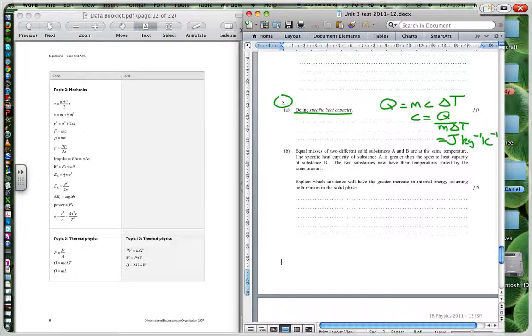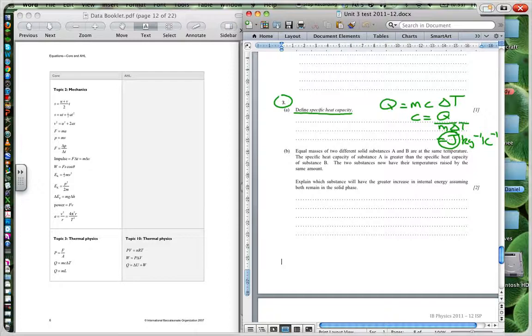It is the energy required to change the temperature of 1 kilogram of a substance by 1 Kelvin.